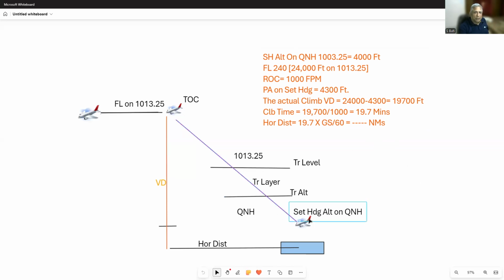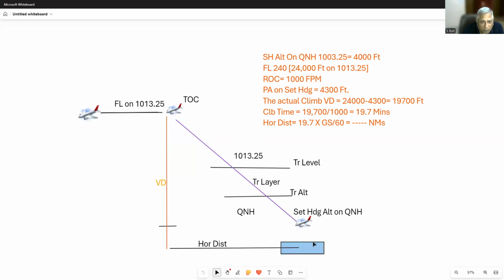And also remember, during climb, let's do a little bit of theory also. At a certain altitude given in your aeronautical publications, called transition altitude, TA, the aircraft, which was so far flying on QNH, will now change over to 1013.25 and maintain 1013.25 from there onwards till you reach the next place. At the next place, when you are descending, you will at transition level change over to the local QNH.